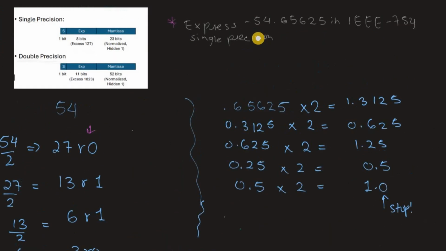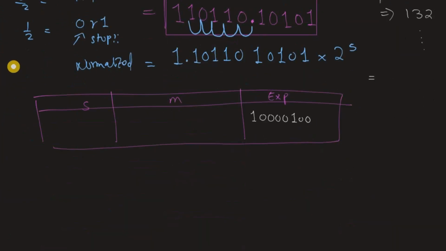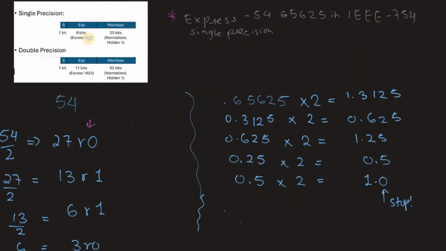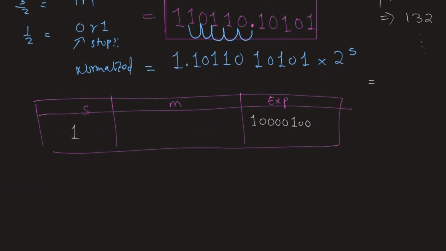And for the sign, it's a negative, so we put a 1 over here. And now finally for the mantissa, we have 23 bits and a hidden 1. A hidden 1 means we're going to ignore this first one that we see over here, and write whatever we have after it, and we need to make it into 23 bits, which means we're going to add extra zeros to make it 23.